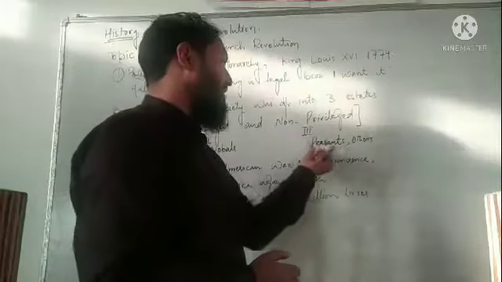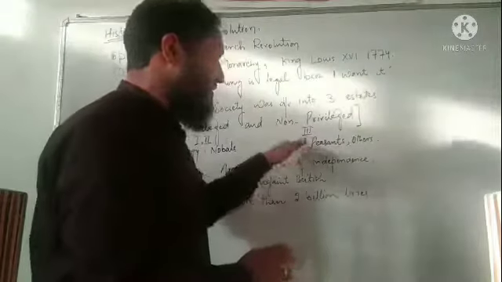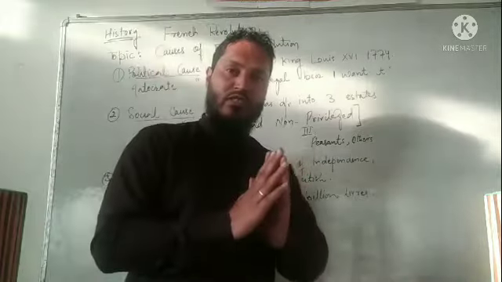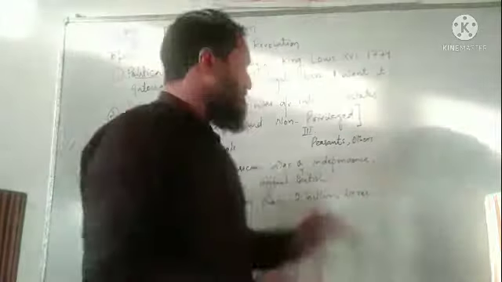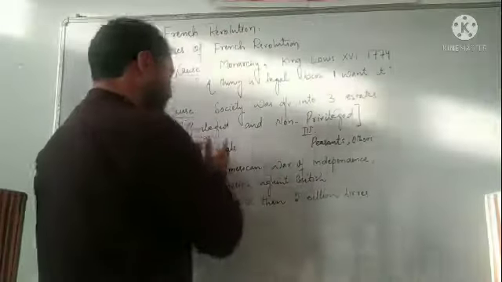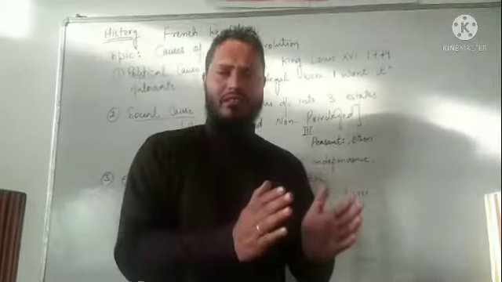Why? Because the third state, the peasants, made up about 90% of the population in France, but their condition was not very good. Why? Because peasants did not have land of their own, while working on the land of the landlords, and in return they were given very little.